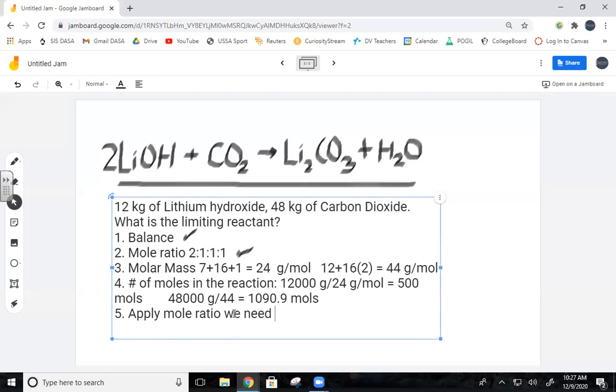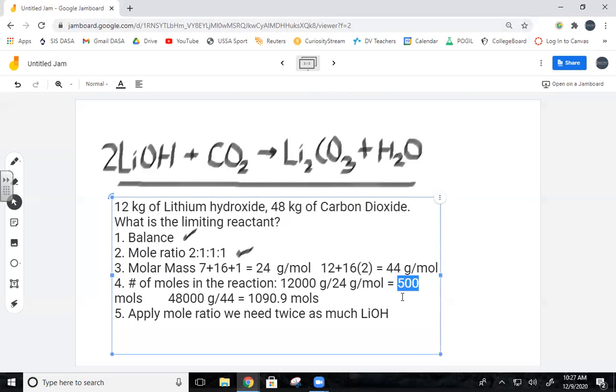We need twice as much LiOH. Do we have twice as much LiOH? The number of moles: how many moles of LiOH do we have? 500.